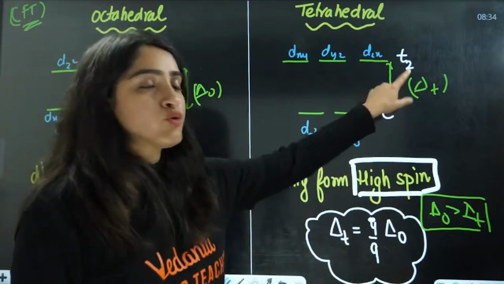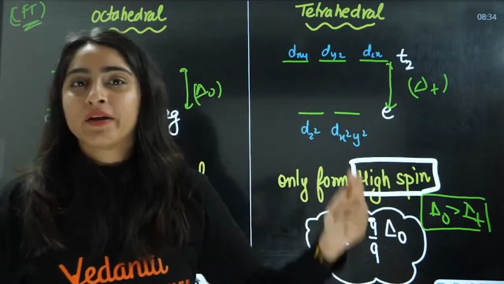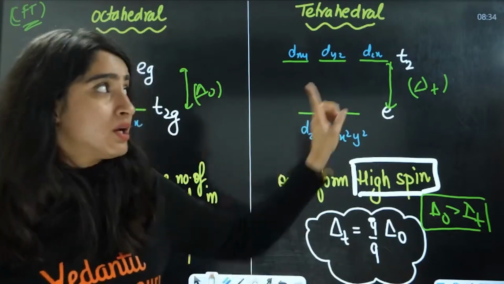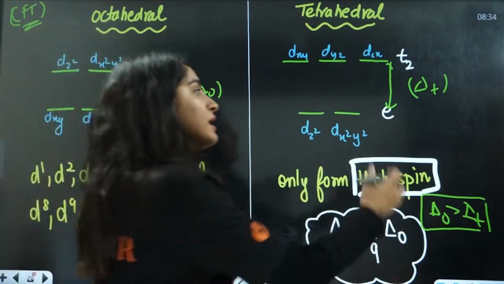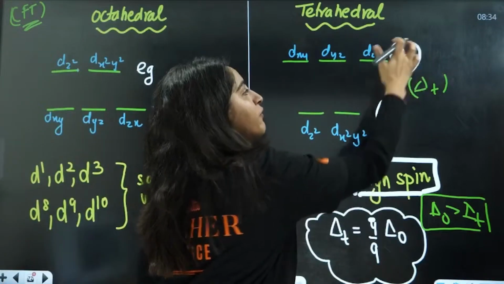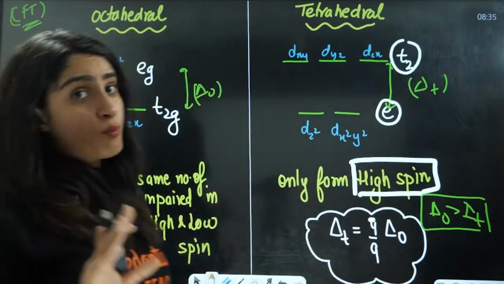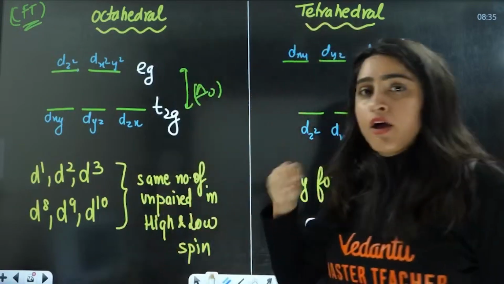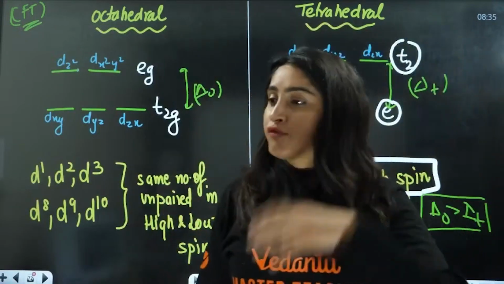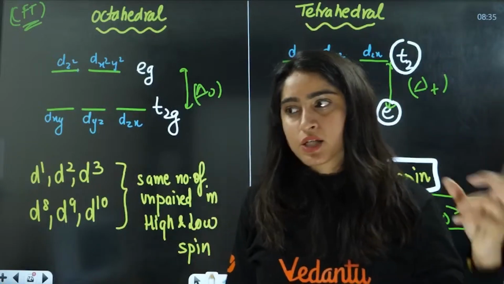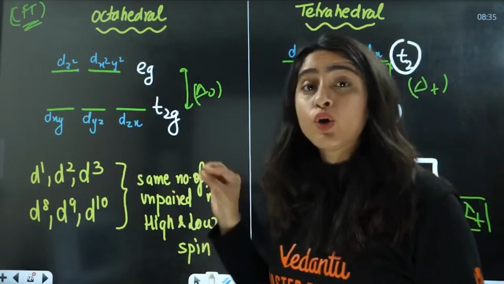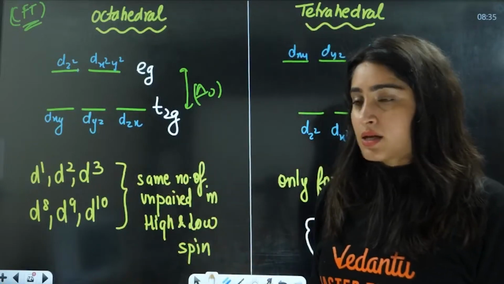And here you have no g. The g is for symmetry; octahedral complexes are symmetrical, tetrahedral are not. So for tetrahedral you have e below and t2 above. Another most important thing: for octahedral, you can have both low spin and high spin complexes.